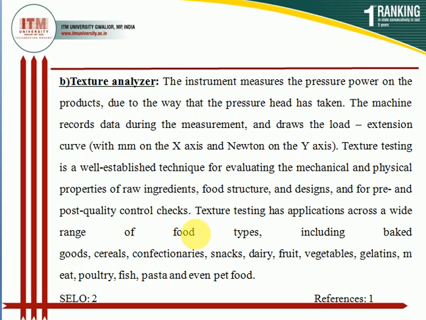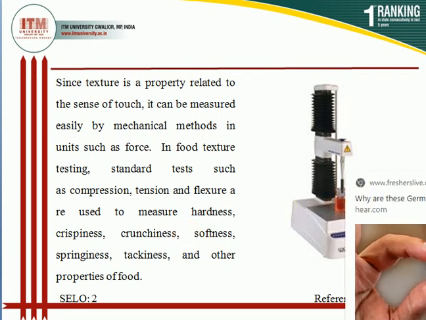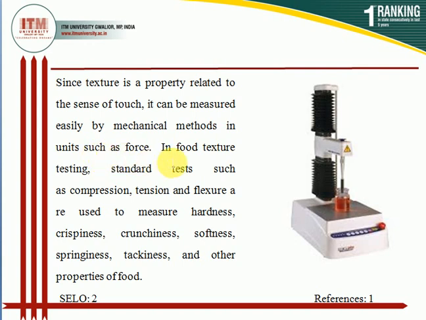We can measure with the help of the texture profile analyzer. This is the texture profile analyzer, and this texture analyzer is connected with the PC and gives the particular data that is applied by this instrument. Since texture is a property related to the sense of touch, it can be measured easily by mechanical methods in units such as force.